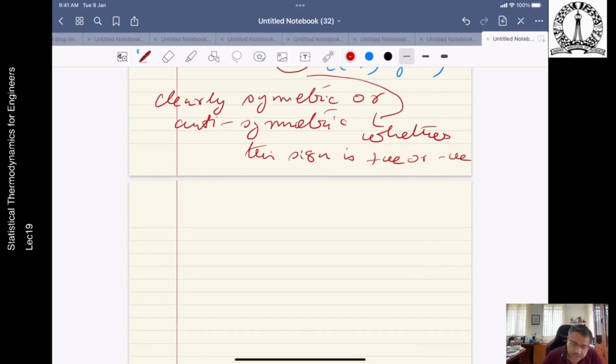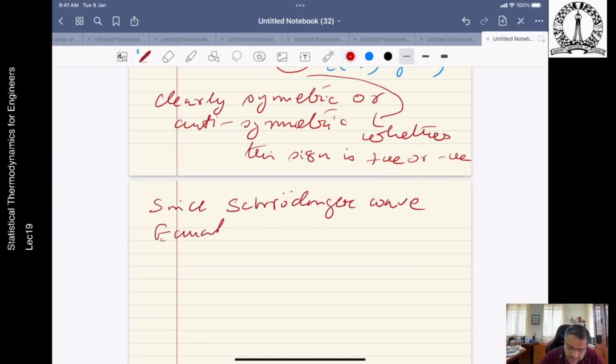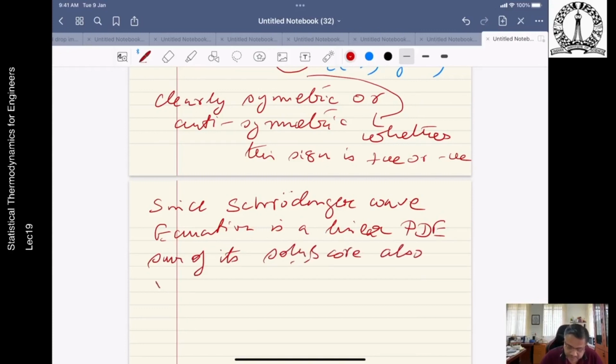Because the Schrodinger wave equation is a linear partial differential equation, the sum of its solutions are also valid solutions. So this is therefore clearly a solution.